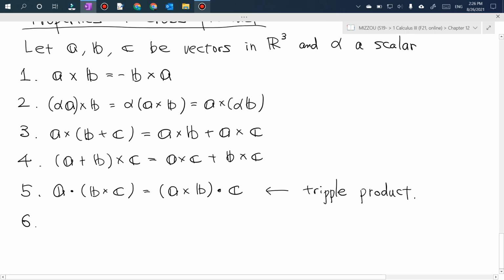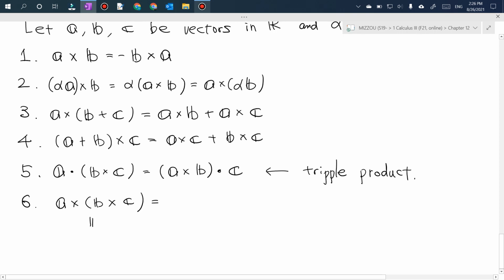Finally, property number 6, A cross B cross C. What's this? Well, unfortunately, this is not equal to A cross B cross C grouped the other way.